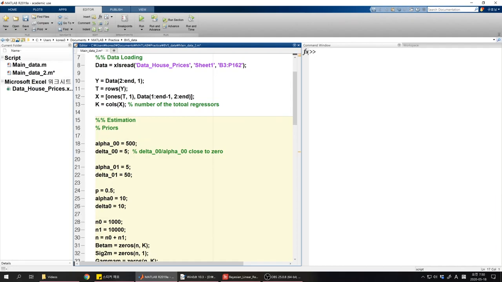So this is the prior for B0, and this is the prior for B1.